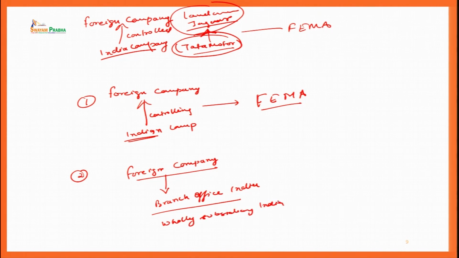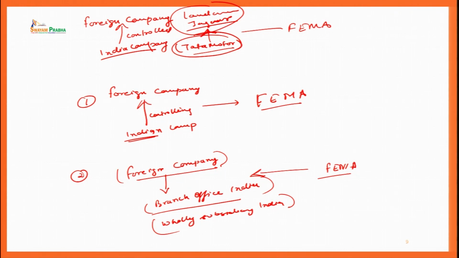Subsidiaries in India like Coca-Cola, Colgate, HUL. They are having wholly owned subsidiaries in India. That means FEMA is going to play a role here. Again, you have to strictly consider the rules and regulations of FEMA. No matter you are a foreign company, but you are having a branch office here in India, you are having a wholly owned subsidiary here in India, then you have to adhere to the Foreign Exchange Management Act.